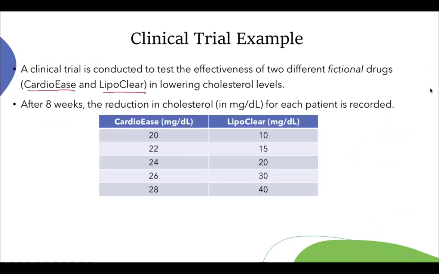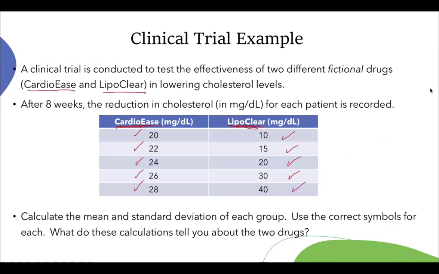So we have two data sets, one for patients on CardioEase, one for patients on LipoClear, and these are the reductions in cholesterol levels. So a reduction of 20 points, 22, 24, 26, 28, and a reduction of 10 points, 15 points, 20 points, 30 points, 40 points.